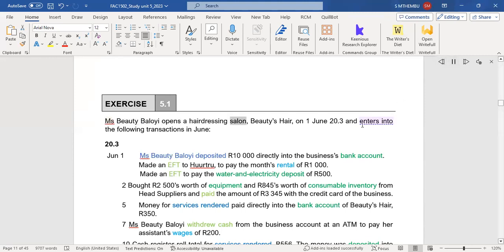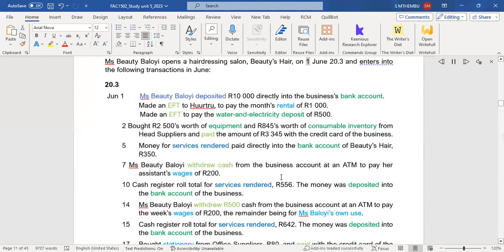Ms. Beauty Beloy opens a hairdressing salon, Beauty's Hair, on 1 June 20.3 and enters into the following transactions in June 20.3. June 1st, Ms. Beauty Beloy deposited R10,000 directly into the business's bank account.